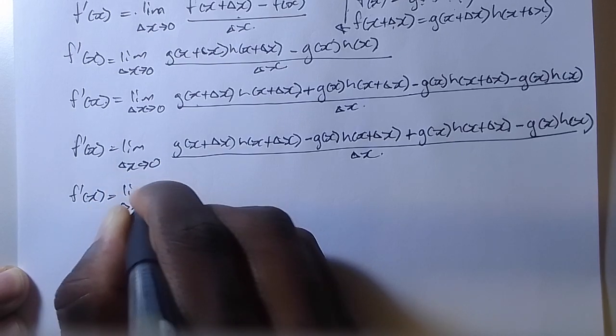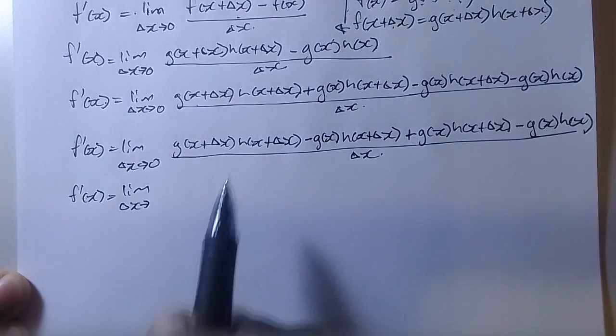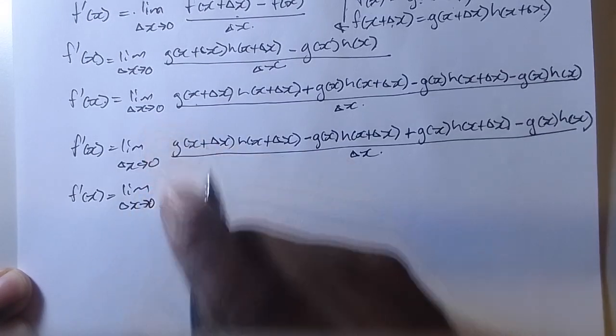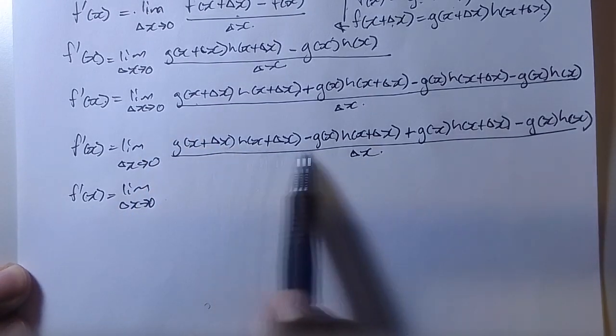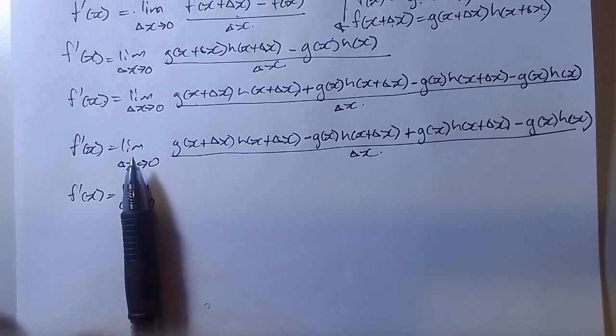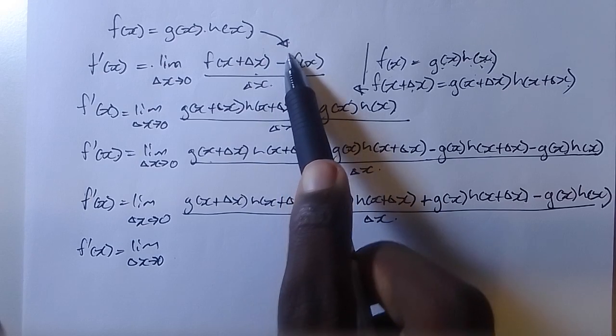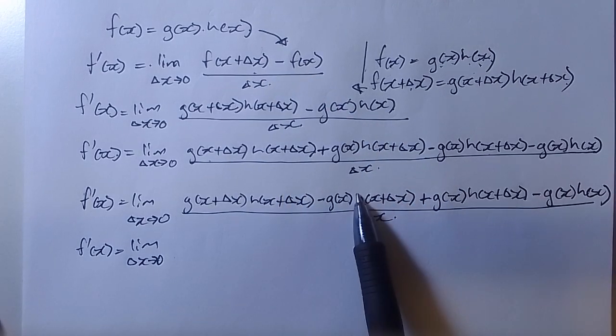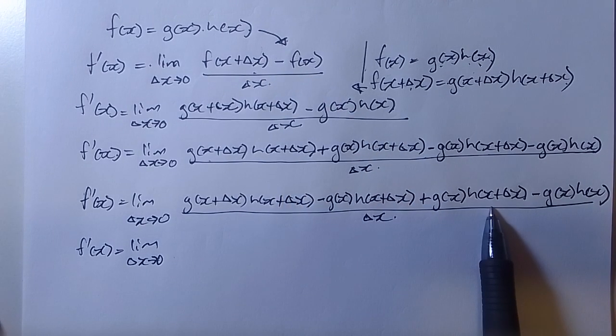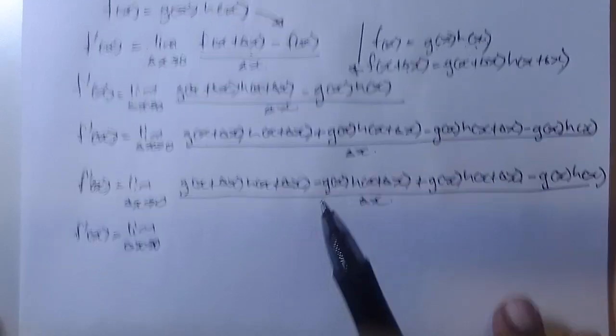Now what you'll do here is very interesting. This is what you'll do. I want you to understand first that this is the same as this, right? We subtracted this and added it, so that doesn't do anything. So you have to understand that.